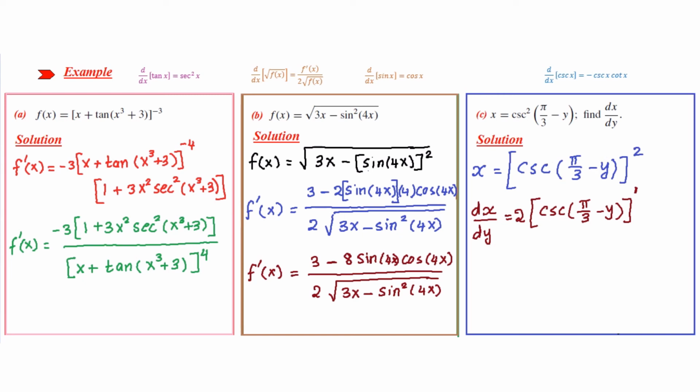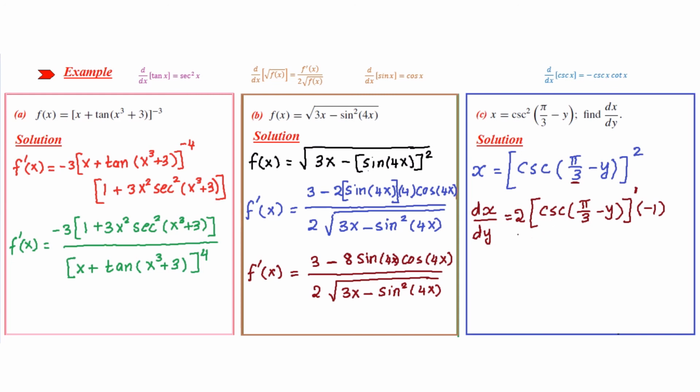The inside function is a trigonometric function, cosecant. You have the angle pi over 3 minus y, so you have to find the derivative of the inside angle. Pi over 3 is constant, the derivative of a constant equals 0, minus y, the derivative is minus 1, multiplied by the derivative of cosecant, and the derivative of cosecant is minus cosecant cotan.